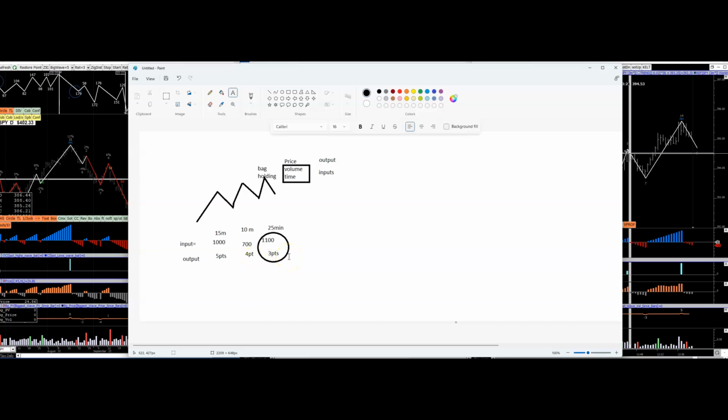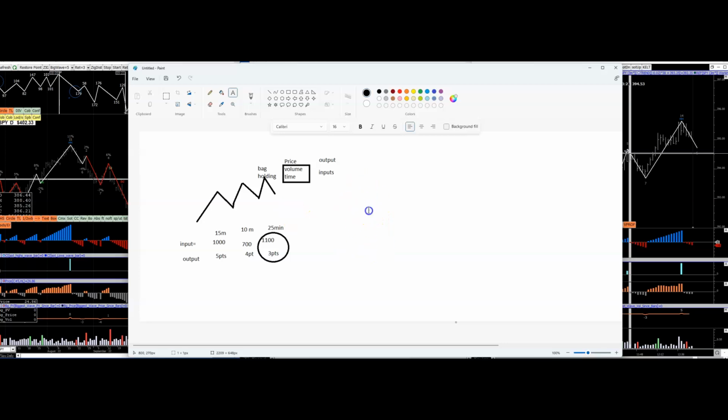But there is another thing to always keep in mind. Input is time or volume, output is price, but price distance, and there's something else, and that is thrust, the amount of thrust.